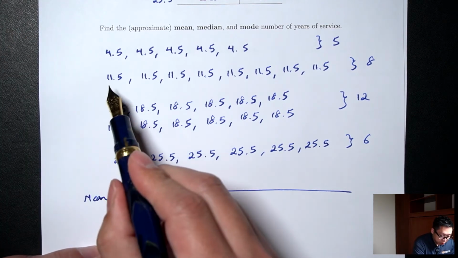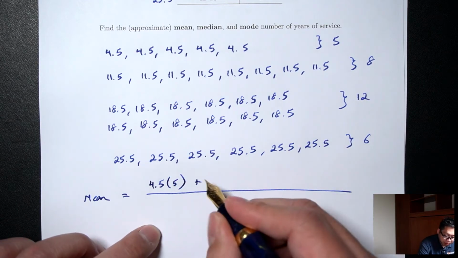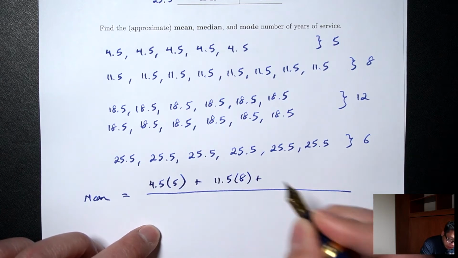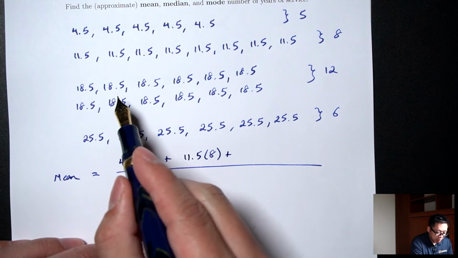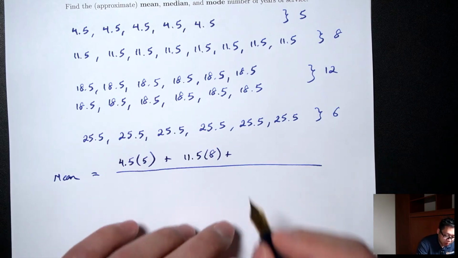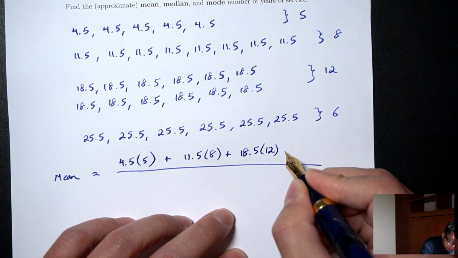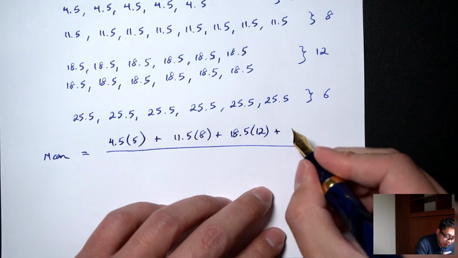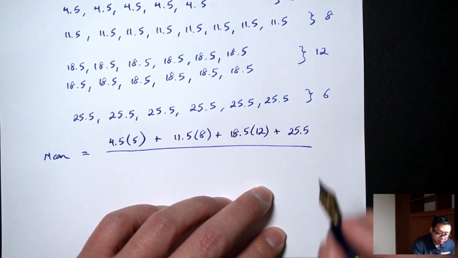Instead of doing 11.5 plus 11.5 plus 11.5 8 times, we can just do 11.5 times 8. Instead of doing 18.5 plus 18.5 plus 18.5 12 times, we'll just do 18.5 times 12. And then 25.5 times 6.